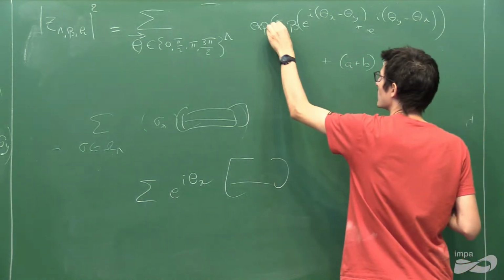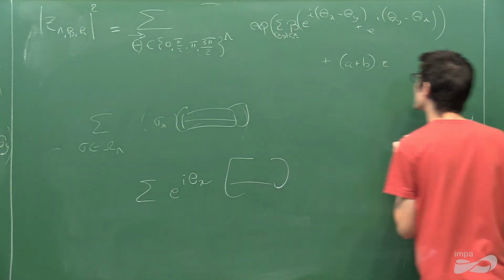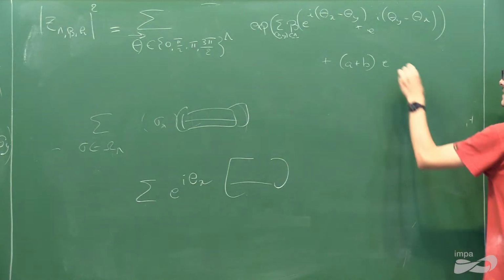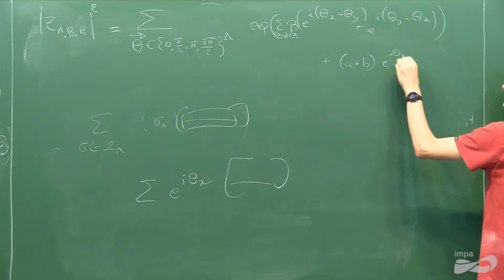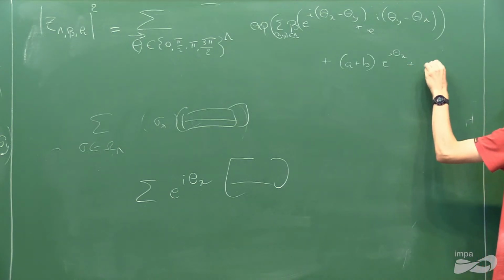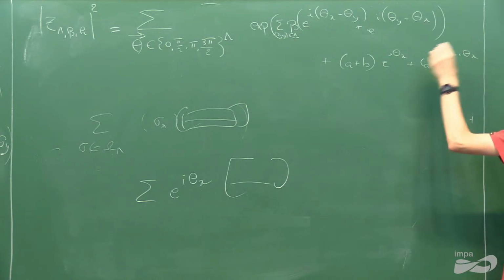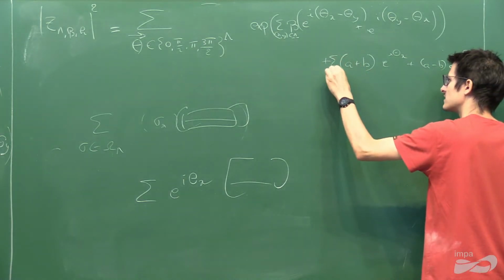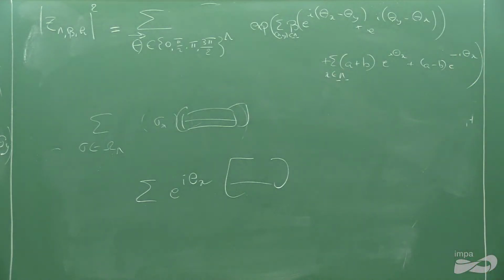So this is the sum over x, y in Λ, and here I'm summing over x and Λ. Okay.